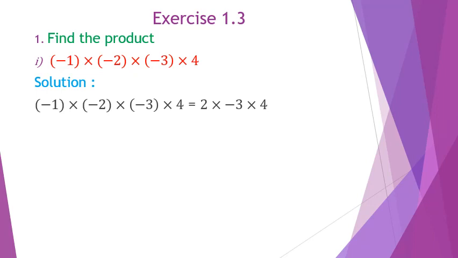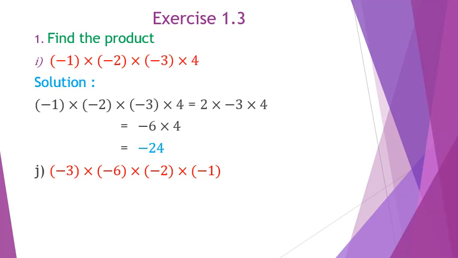Next we can multiply 2 into minus 3 and the product with the 4. So 2 into minus 3 gives minus 6 multiplied by 4. Next minus 6 into 4, that is 6 into 4 is 24. Positive multiplied by negative gives negative, so the result is minus 24.